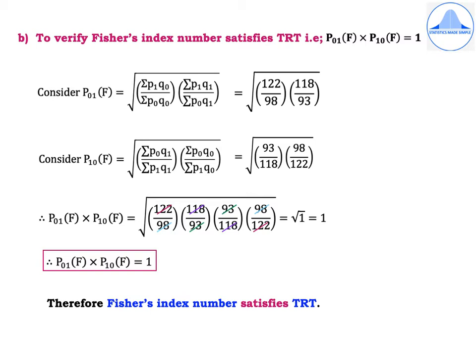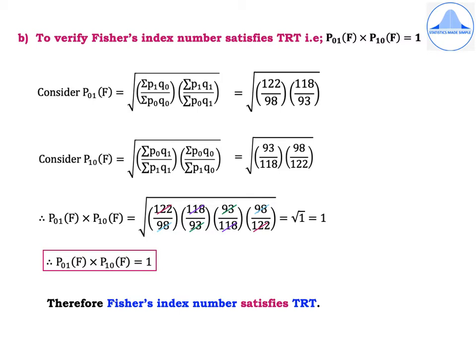So next consider P10 of F, which is equal to root summation P0 Q1 divided by summation P1 Q1 into summation P0 Q0 divided by summation P1 Q0, which is equal to root of 93 by 118 into 98 by 122.